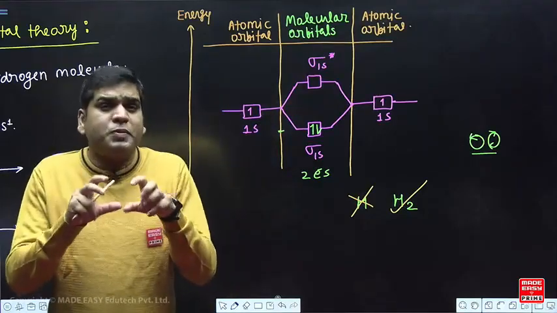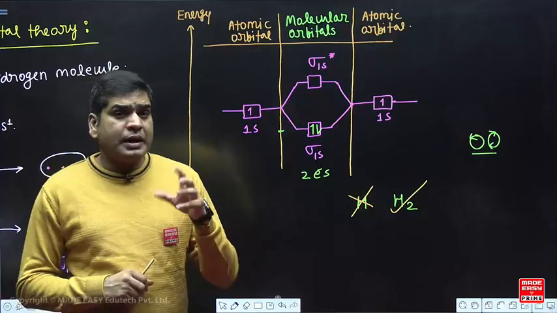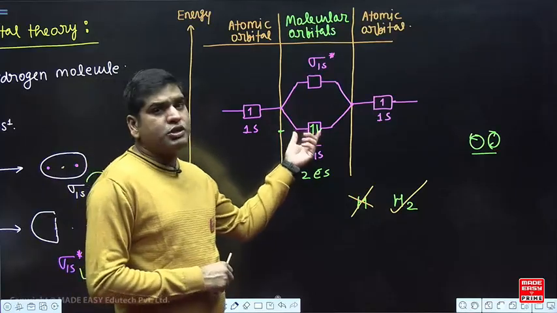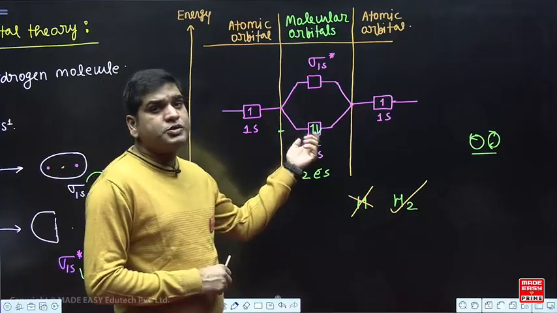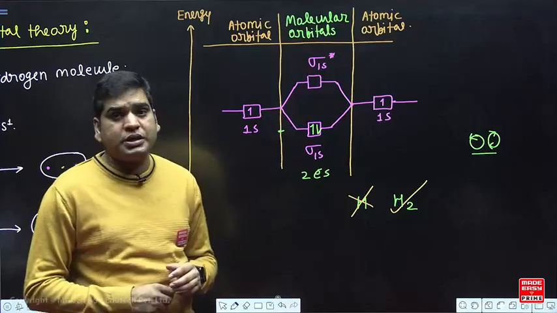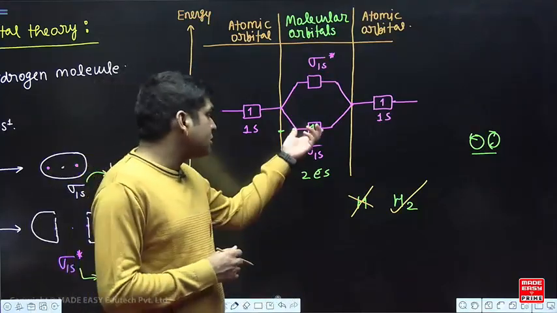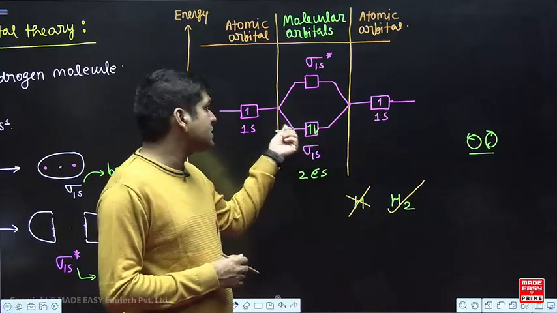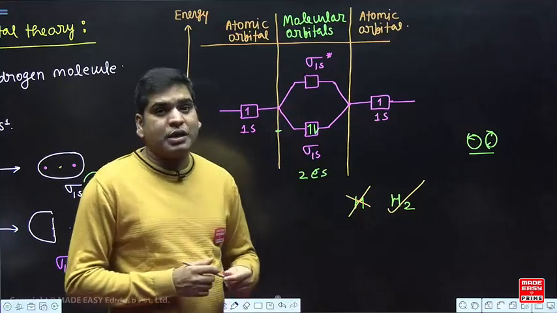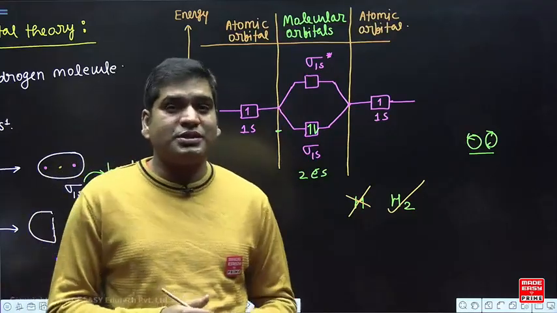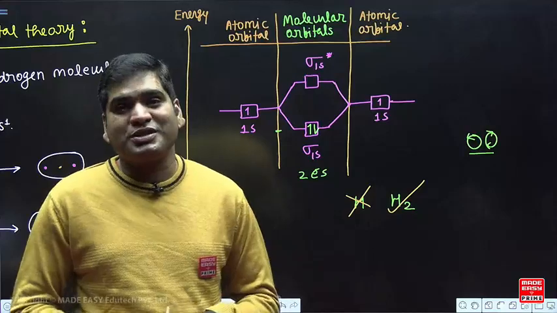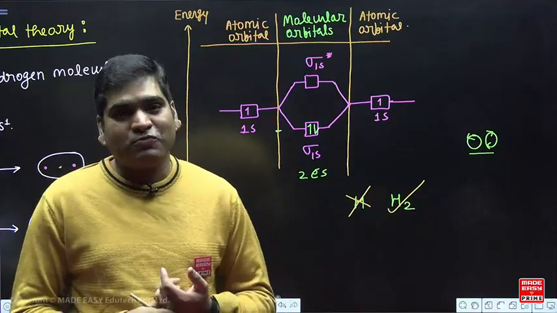So for a stable molecular structure, the number of electrons in the bonding molecular orbital must always be greater than the number of electrons in the anti-bonding molecular orbital, so that the overall energy of the molecule remains less compared to the energy of the atom, and if energy is less, then the molecule will be stable, it means the bond will be formed.